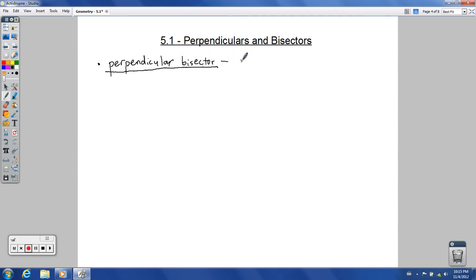All it is is a segment, ray, line, or plane perpendicular to a segment at its midpoint.